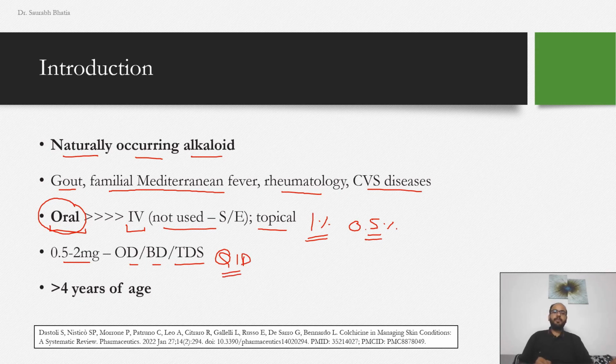It has been approved after the age of 4 years, and mostly it is in familial Mediterranean fever, in which you give longer durations of doses. In pediatric cases of familial Mediterranean fever, more than 4 years of age, it has been regularly used. There have been isolated case reports of use of colchicine in less than 4 years of age, but these are just case reports, so no proper studies are there. But it has been found to be substantially safer in more than 4 years of age.